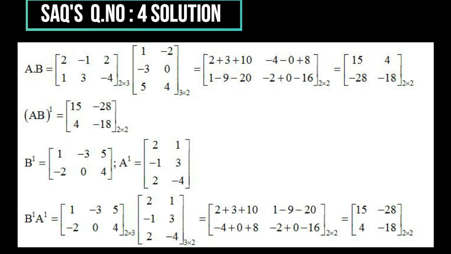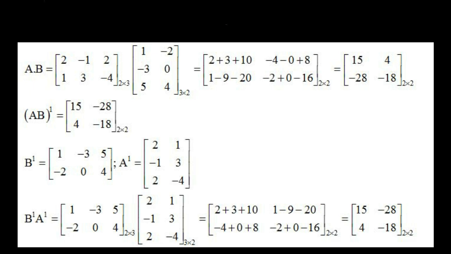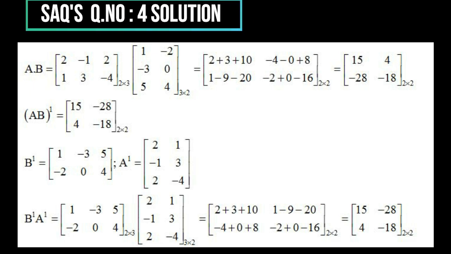Okay, now we consider the RHS. RHS is B dash A dash. Here B dash is transpose of B, that is equal to 1 minus 3 5 minus 2 0 4, and A dash is the transpose of A. Transpose means interchanging the rows into columns and columns into rows. Then A dash is equal to 2 1 minus 1 3 2 minus 4.